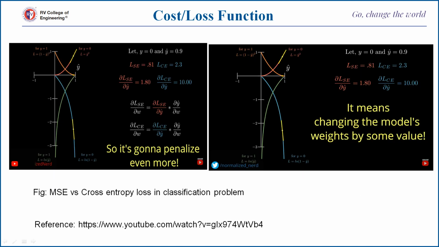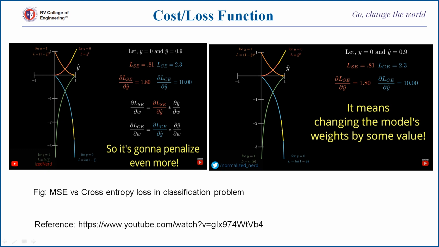So here we can see the gradient for a data point which has been predicted by the model as belonging to the class 0.9, that means close to 1, whereas the ground truth was 0. The upper graph is that of mean squared error, and the lower one is for cross entropy loss.